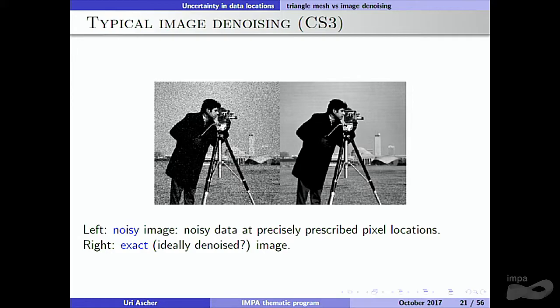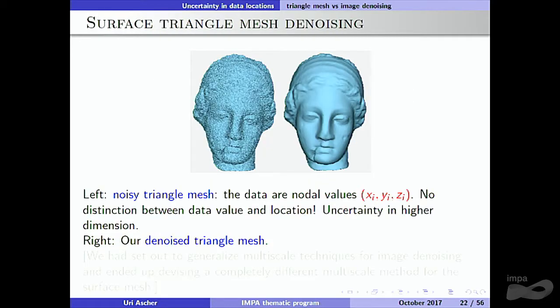The point here is that you're given intensity levels at known pixels. The pixels are known, the locations are known, and the only thing you don't know is the intensity, which is noisy. You want to remove intensity noise. And so here there's no question of where the data are, but here there is.